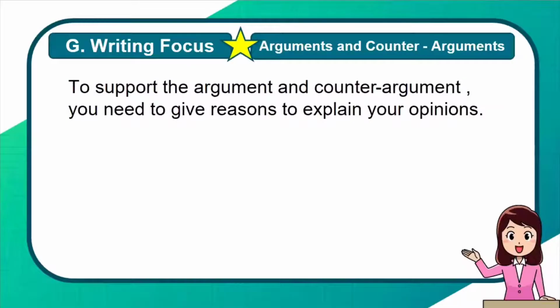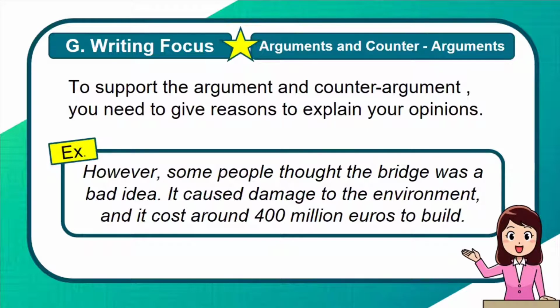To support the argument and counter argument, you need to give reasons to explain your opinions. Example: "However, some people thought that the bridge was a bad idea. It caused damage to the environment, and it cost around 400 million euros to build." In this example, the first sentence talks about the negative side of that bridge, the bad side about building that bridge.